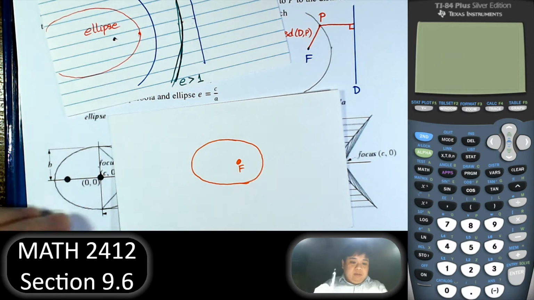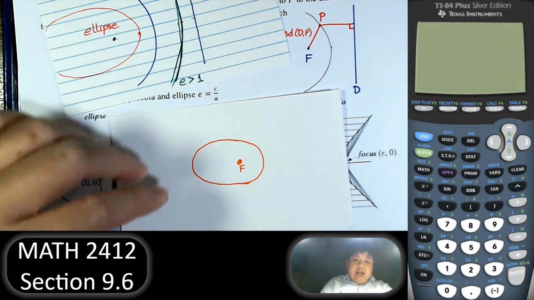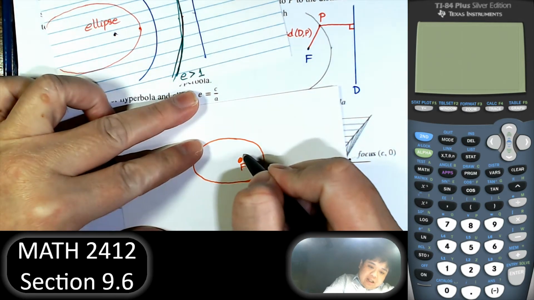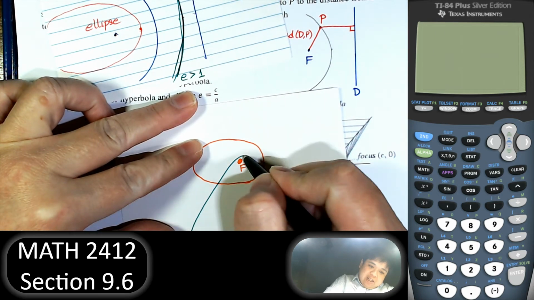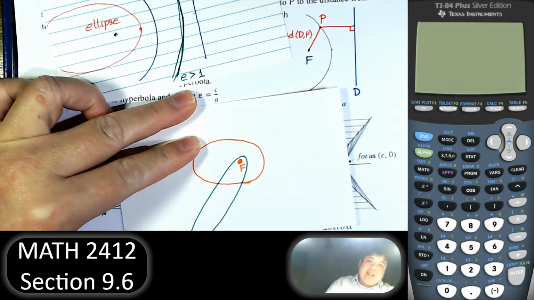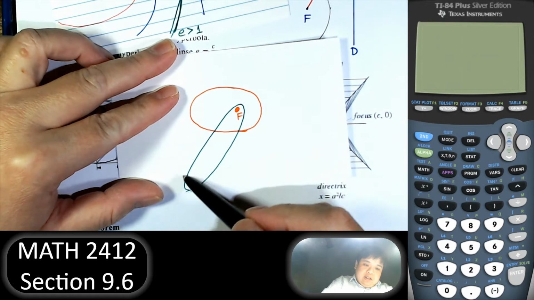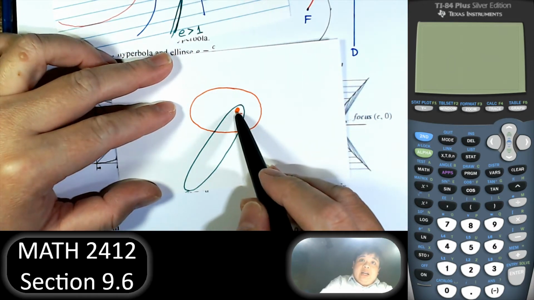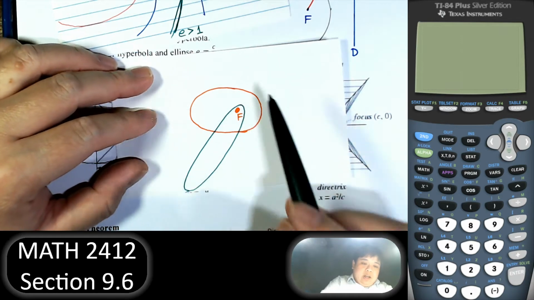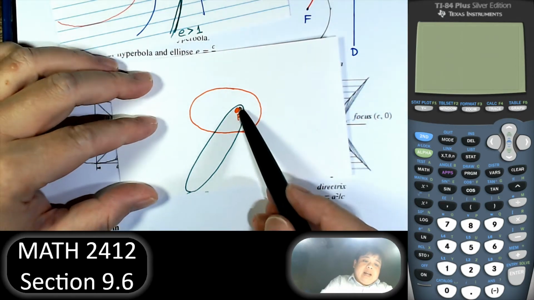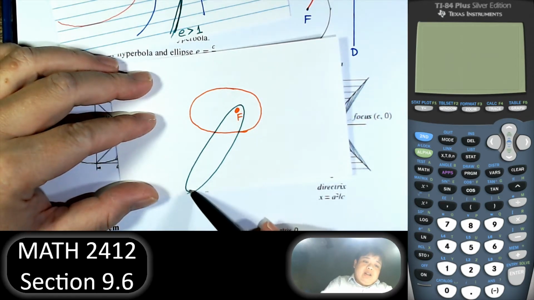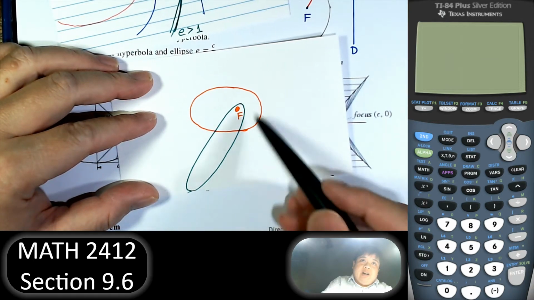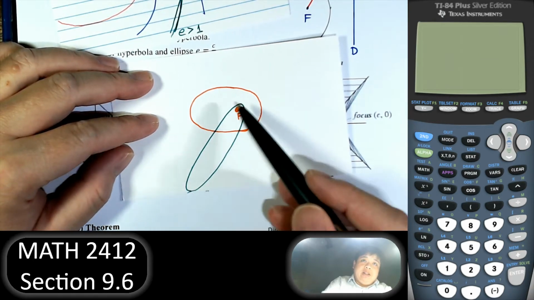However, Halley's comet has an extremely skinny orbit like this. Halley's comet travels in an elliptical path. The sun is at the focus. It takes 75 years to travel one orbit.